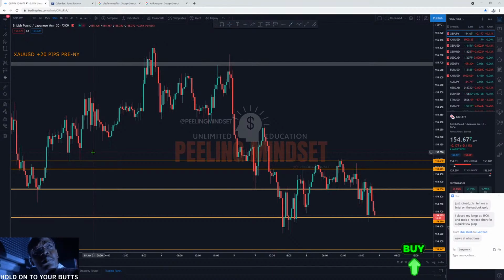Usually in gold, 10 points means it's 1 pip, and 15 points means it's just 1.5 pips, right?